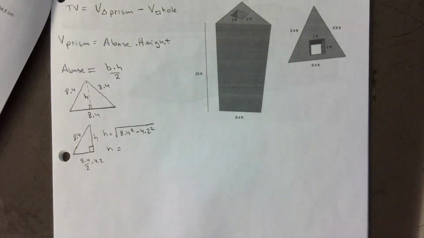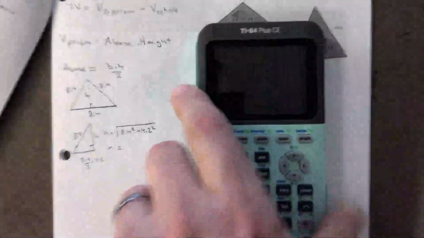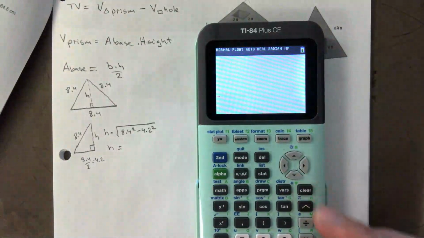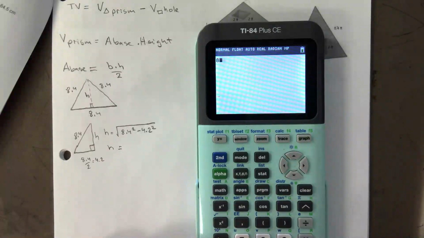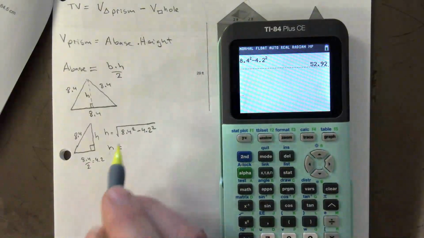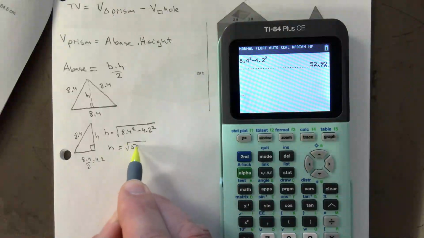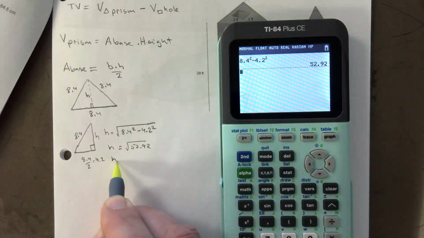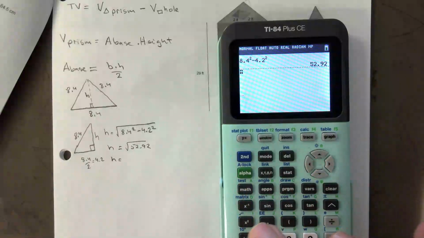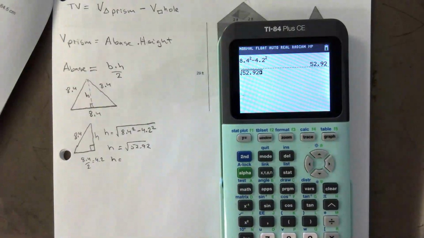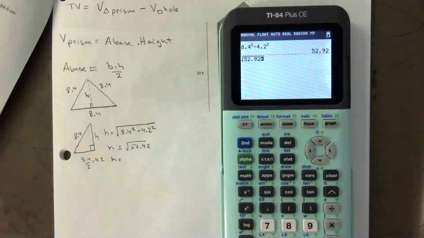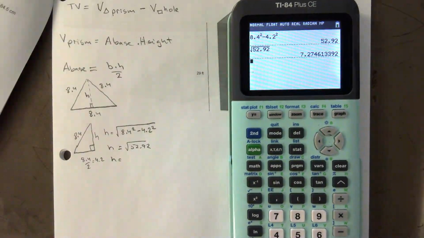And this is where you want your calculator. So you go 8.4 squared minus 4.2 squared. That's 52.92, so it's the root of 52.92. If you take that root, second x squared, and then copy paste, always use copy paste, that's 7.27.